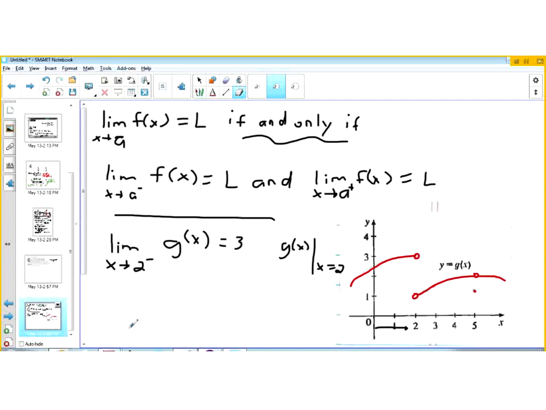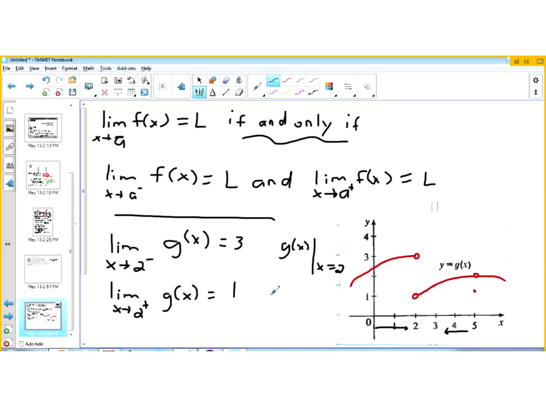Now, how about the limit as x approaches 2 from numbers bigger than 2 of g of x? Well, that can be obtained by just walking along the graph. We walk along the graph in this direction, and we note that the output gets closer and closer to 1.